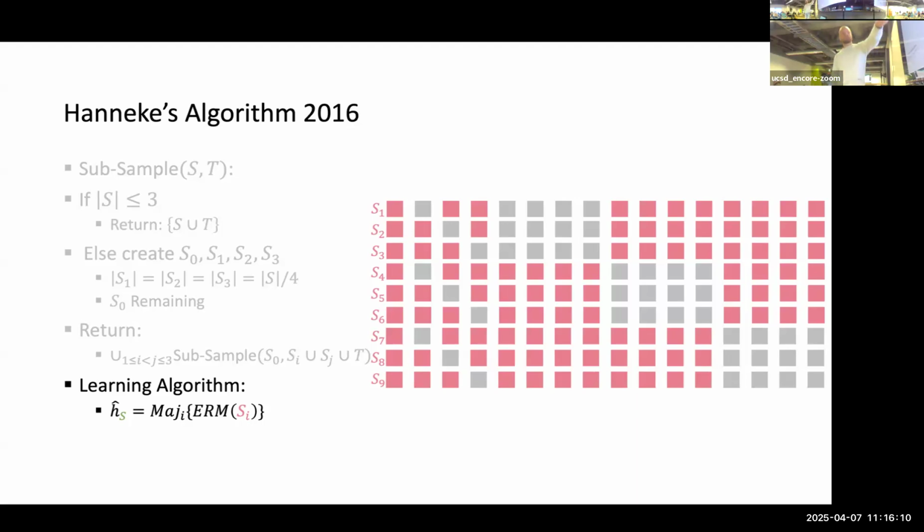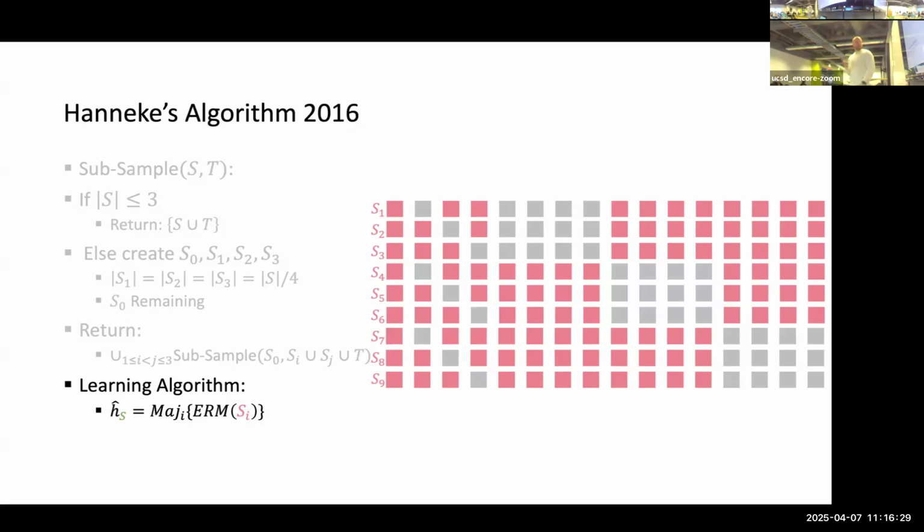And crucially, you're not looking at the gray data points when you're doing it, right? So your algorithm is independent of what's happening in the gray parts of the training data when you're running it on S1, for instance. You're just looking at the subsample and doing empirical risk minimization. And finally, you do a majority vote among all of their predictions to give your final prediction.